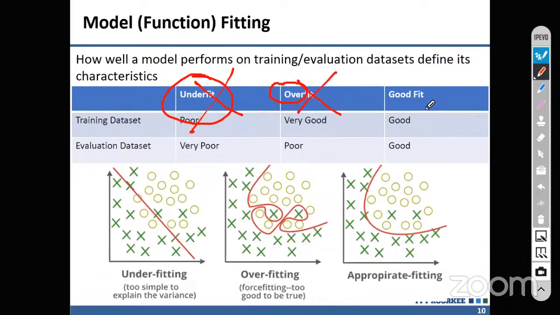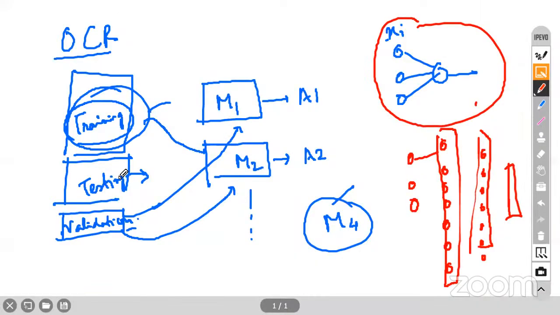We need some model which will give us results on the testing data set, because in any data set, the model's accuracy is measured based on the testing data set's results. Whatever you do in the training data set or validation data set, it doesn't matter. You can get 100% accuracy on the training data set, but your results should be good in the testing data set. Our main challenge is in the testing data set.